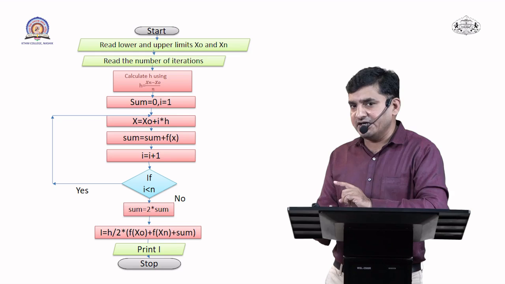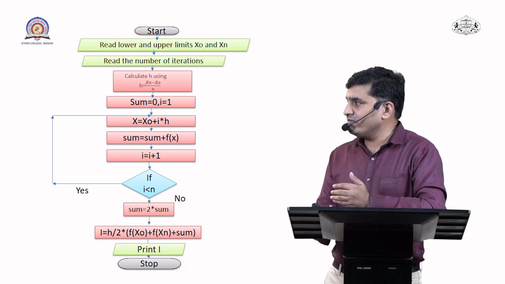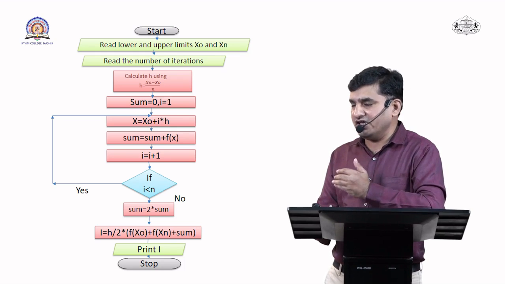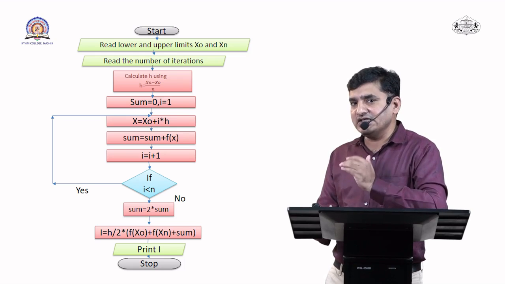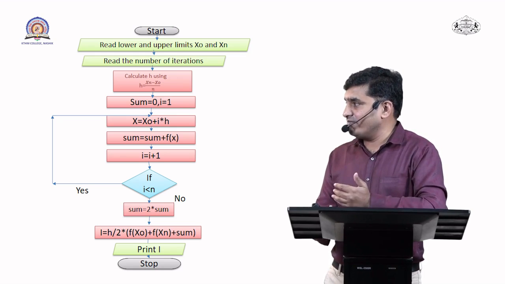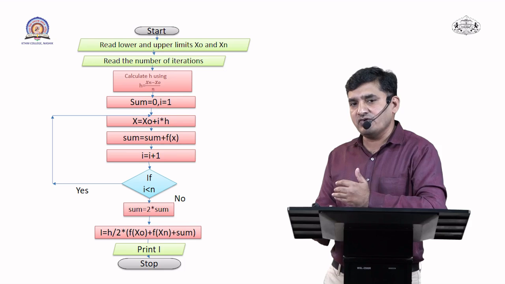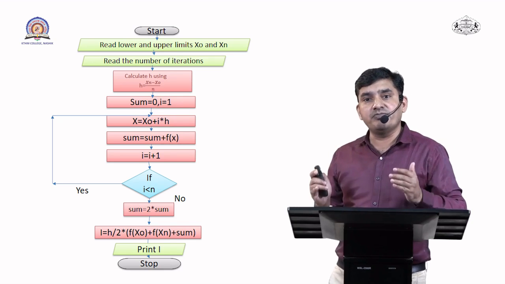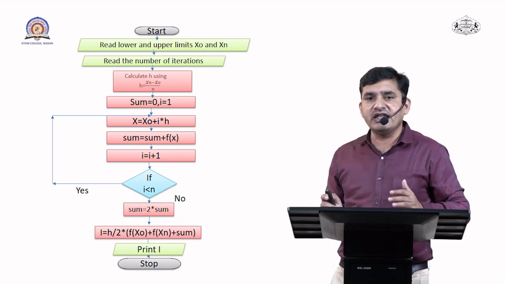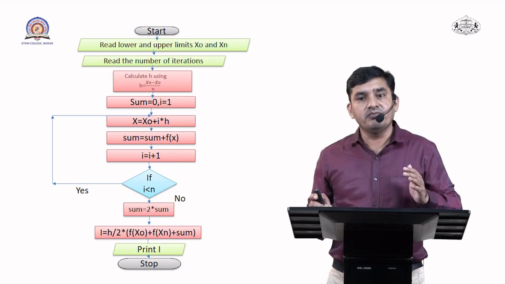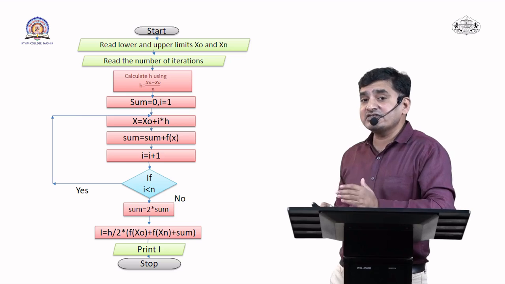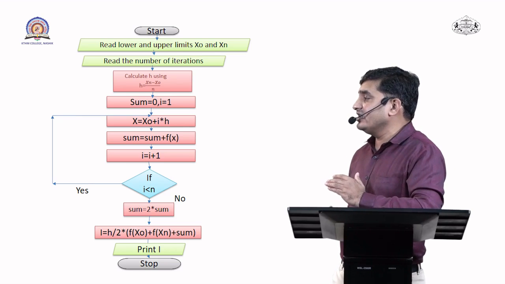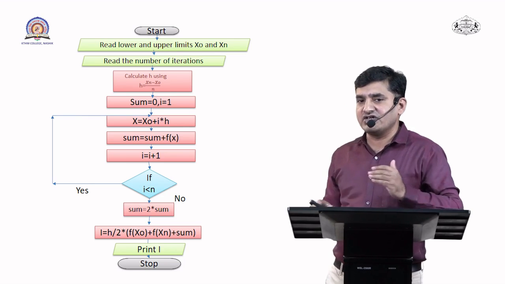Again i is incremented by 1, then it becomes x0 plus 3h. Then again i is incremented by 1, then it becomes x is equal to x0 plus 4h. This process is carried out as long as i is less than n. But when this condition is not satisfied, then it goes down.